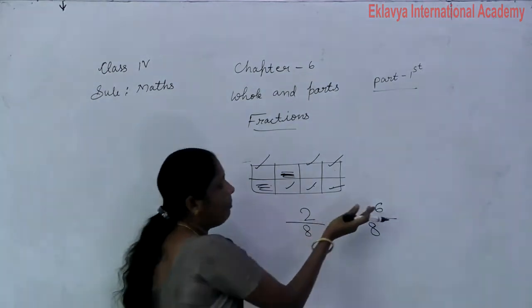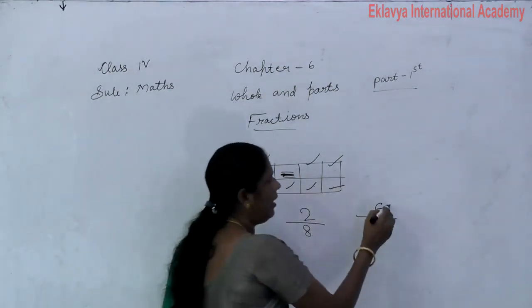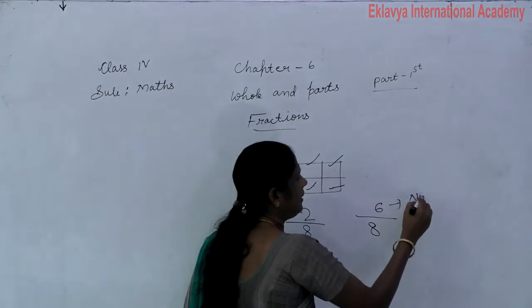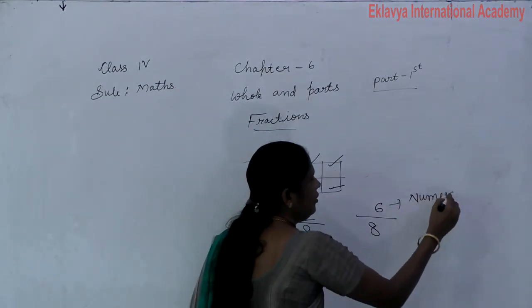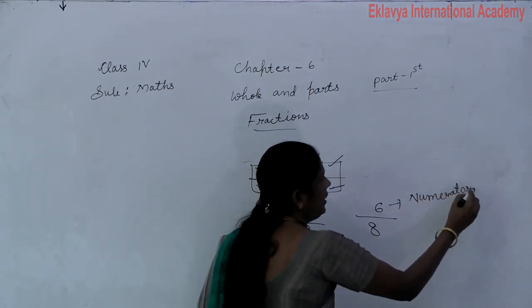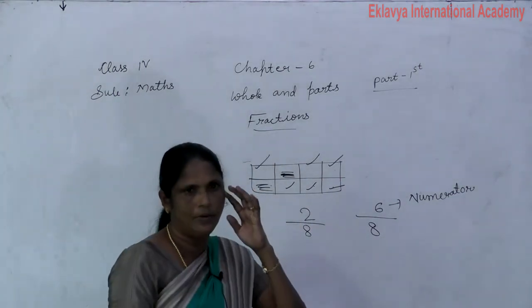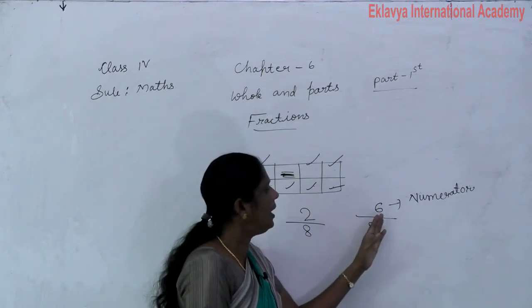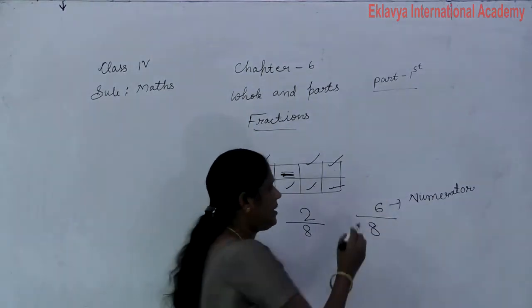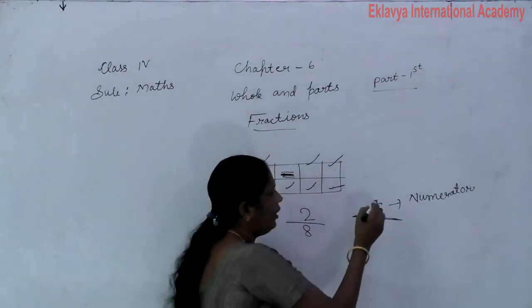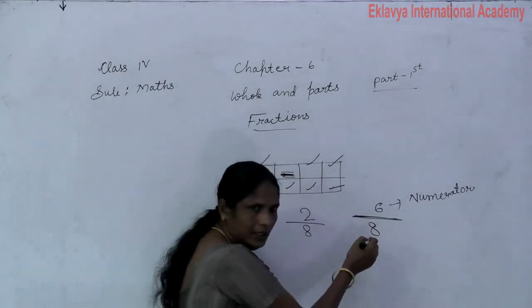The number above the line is called numerator. What do you say? Numerator. You already learned this in 3rd class. This line divides the fraction into numerator and denominator.